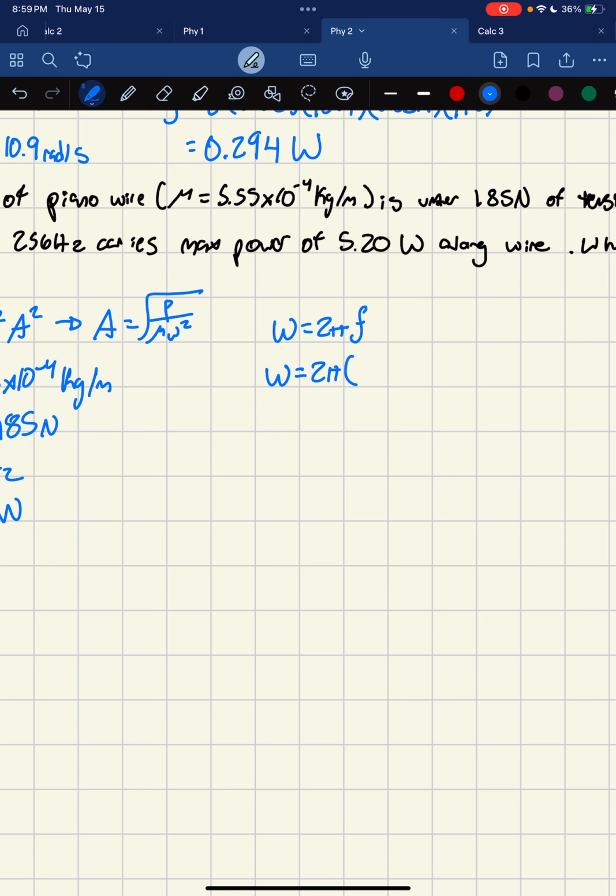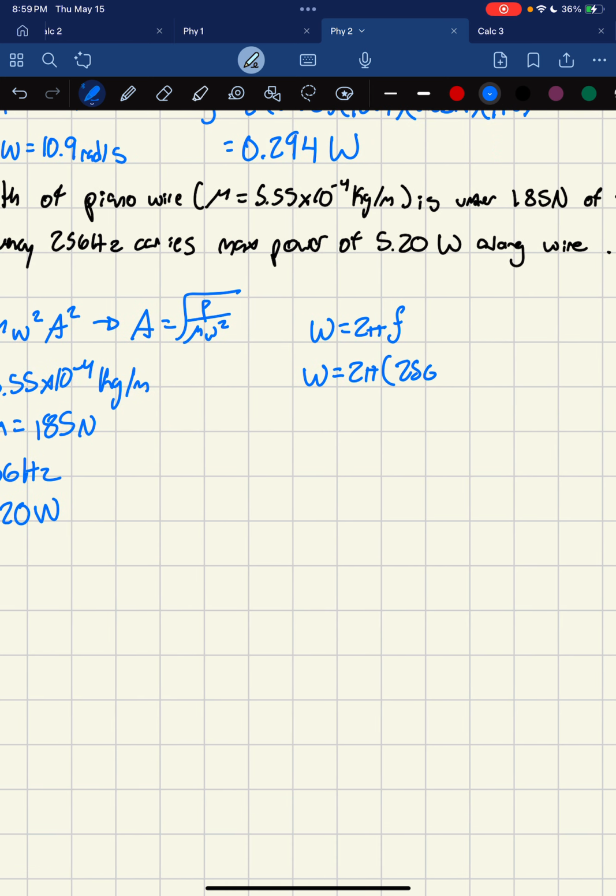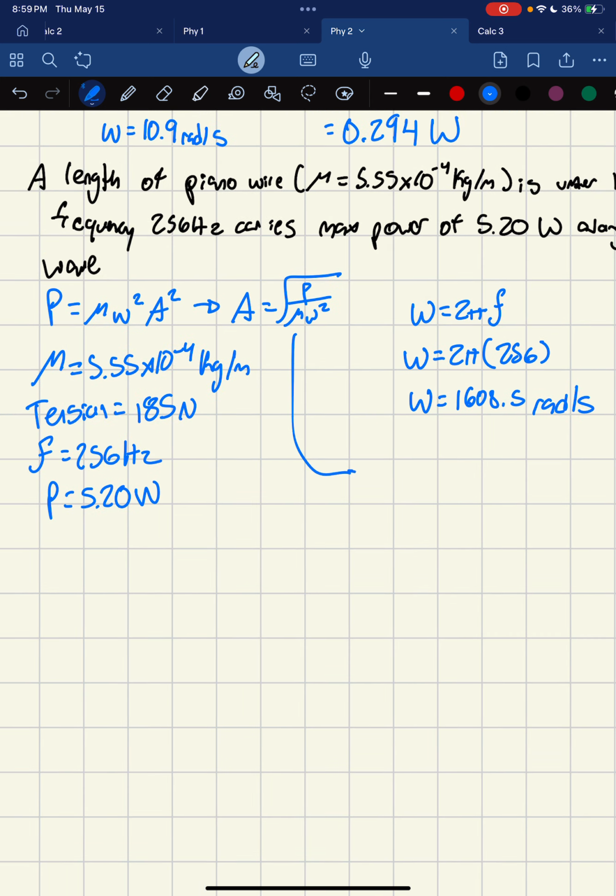So 2 pi times 256. Put that in my calculator. I get angular frequency is 1608.5 radians per second. Now I can plug it in.